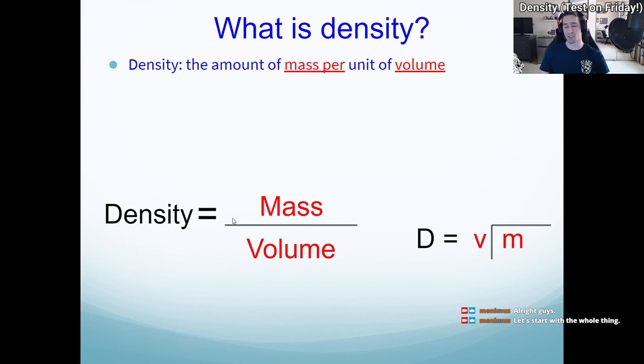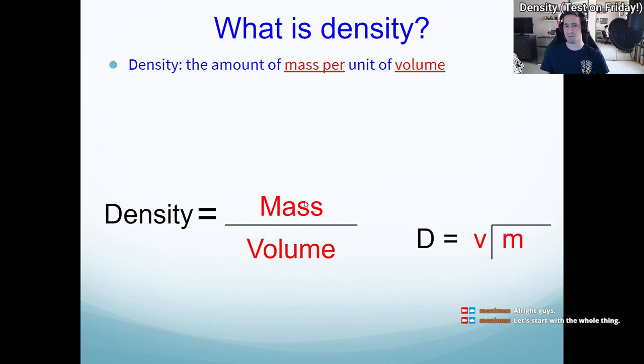So just to make sure that everything is in place, we got the formula right here. It's density equals mass divided by the volume, or in the standard algorithm, density equals the mass divided by the volume. Simple, perfect.